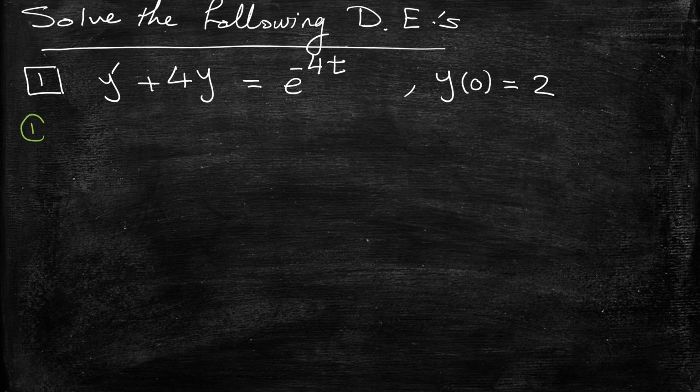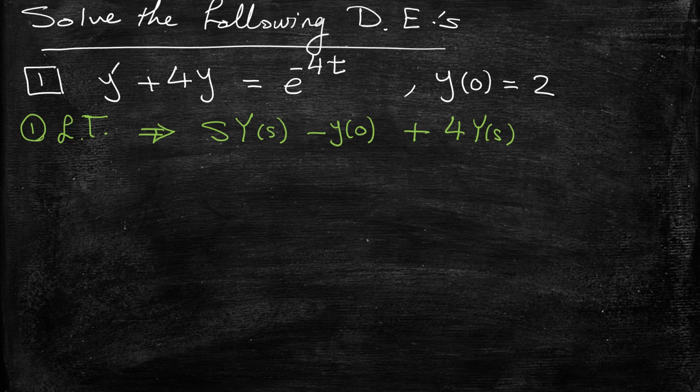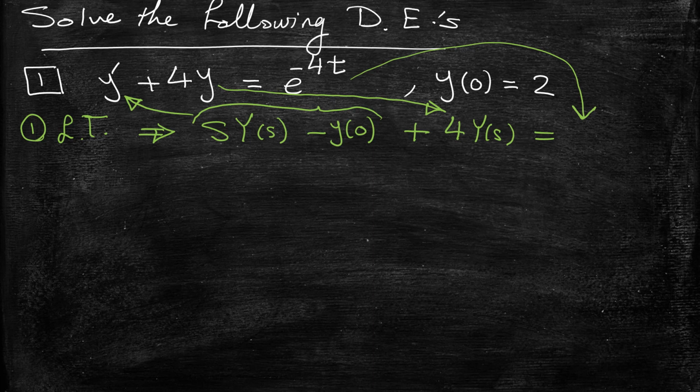First step again, doing the Laplace transform. The first term will be sY(s) - y(0) + 4Y(s). These first two terms correspond to y', and then 4y will be 4Y(s) in the s domain, and don't forget the exponential here, which from the transformation table is 1/(s+4).